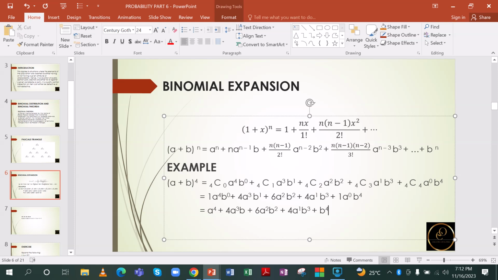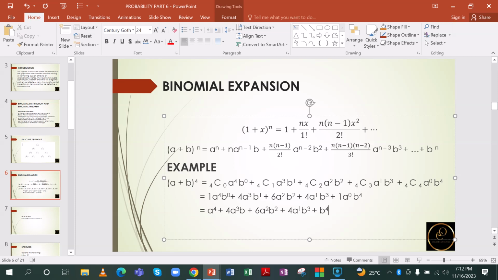So if you simplify this row, it ends up as 1 times a to the power 4, which is a to the power 4, plus 4 times a raised to power 3 multiplied by b, plus 6 times a raised to power 2 times b raised to power 2, plus 4 multiplied by a multiplied by b raised to power 3.